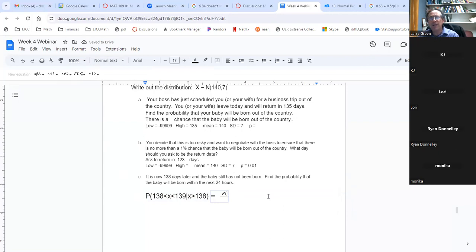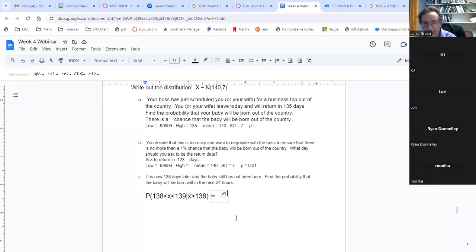Now, if it's between 138 and 139 and it's greater than 138, what do you know? Any thoughts? The idea is this greater than 138 is redundant, because if you're in between 138 and 139, then of course you're greater than 138.